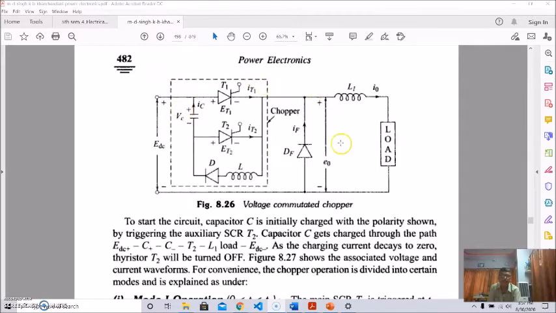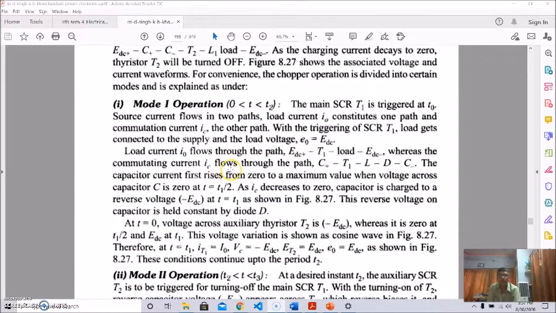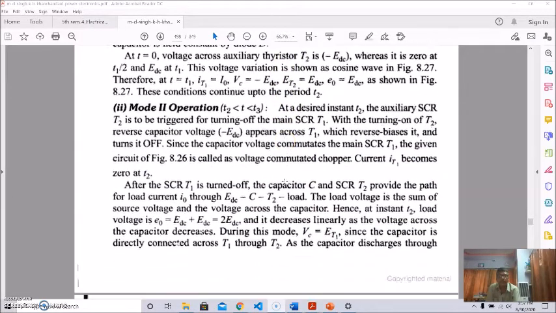So this is like this here. The load voltage is the sum of the source voltage and the voltage across the capacitor. Hence at instant T2, the voltage E0 is EDC plus EDC, that is 2 EDC, and it decreases linearly as the voltage across the capacitor decreases.